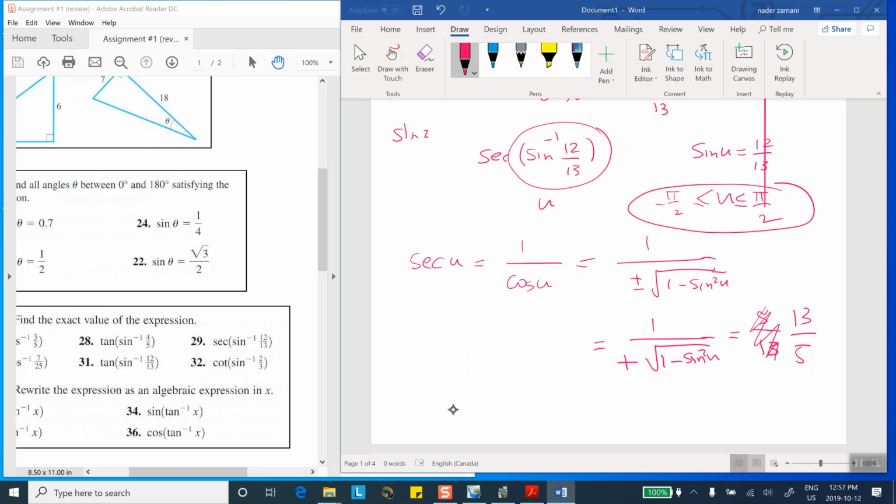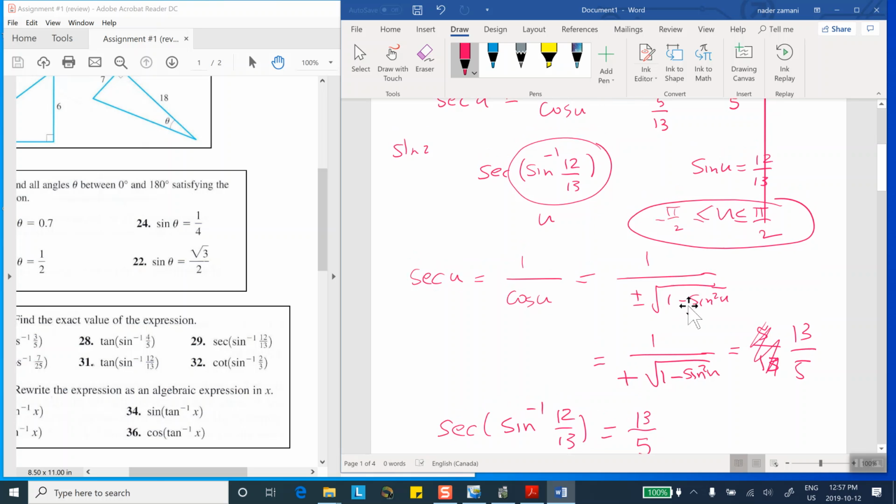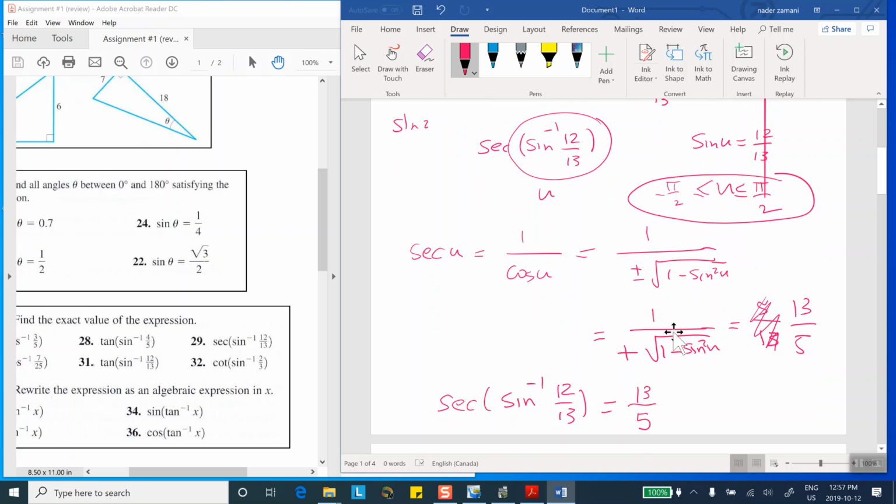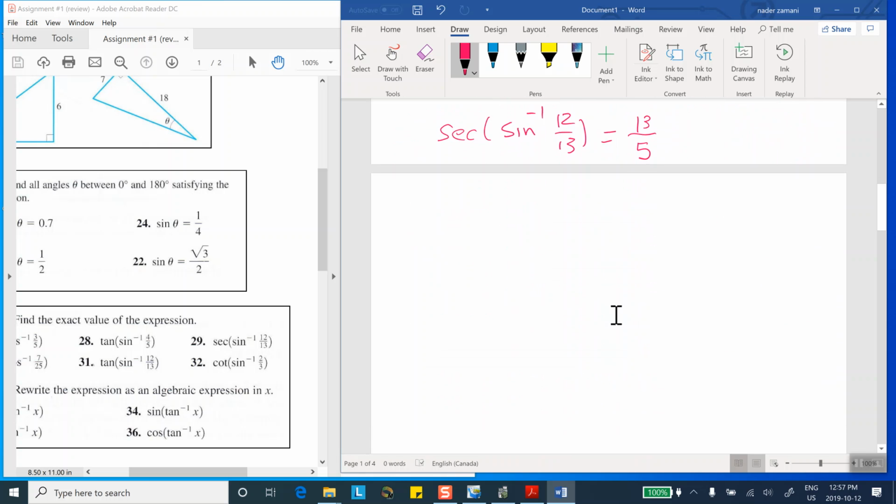What that means, of course, is secant of sine inverse of 12 over 13 is 13 over 5. All right, that takes care of 29.